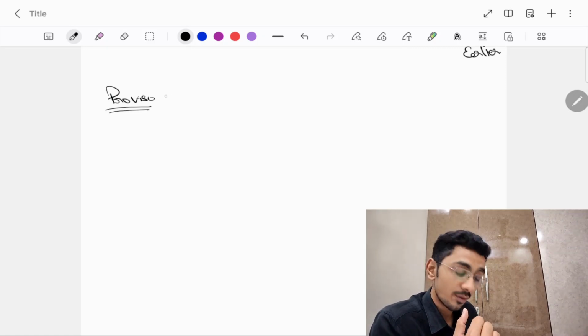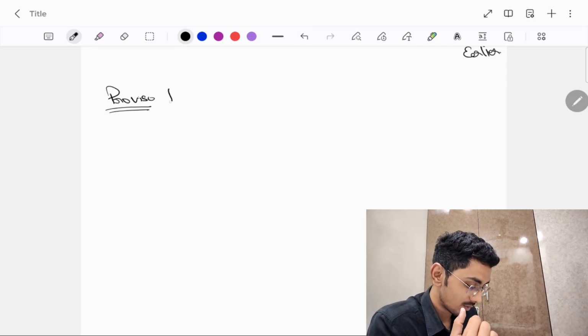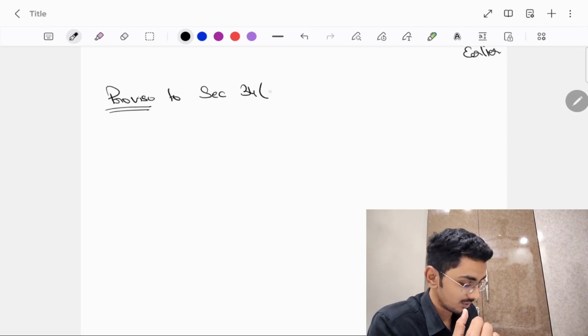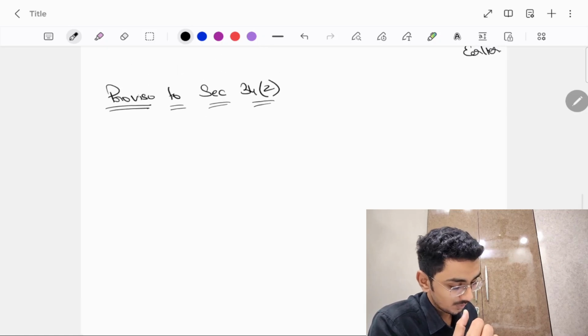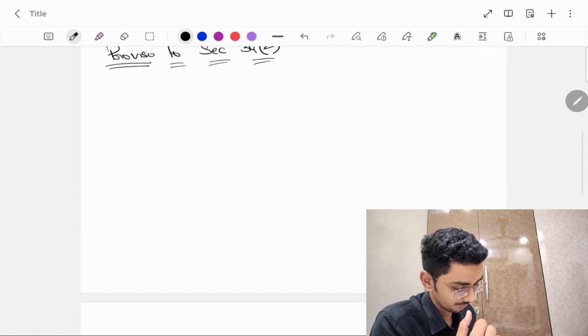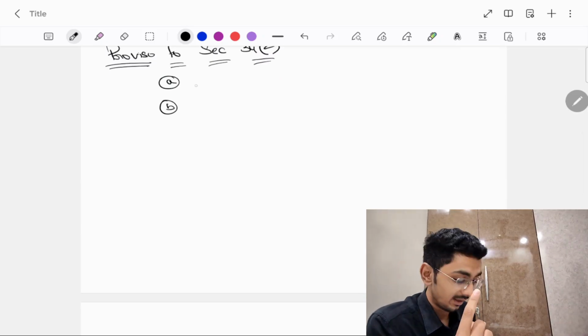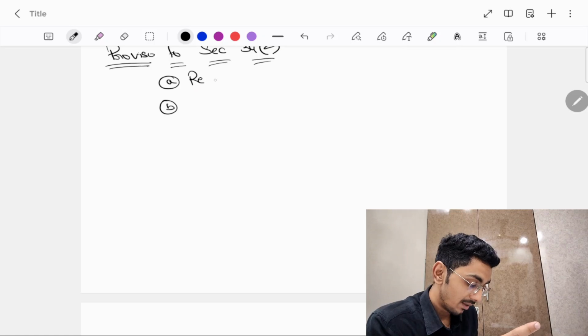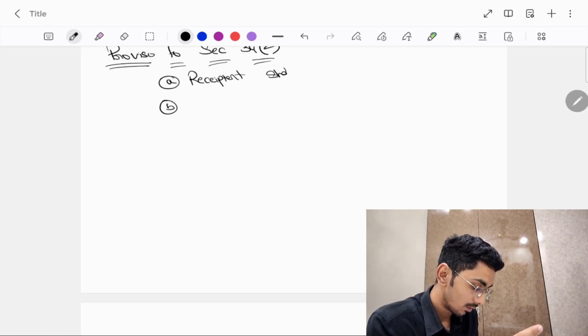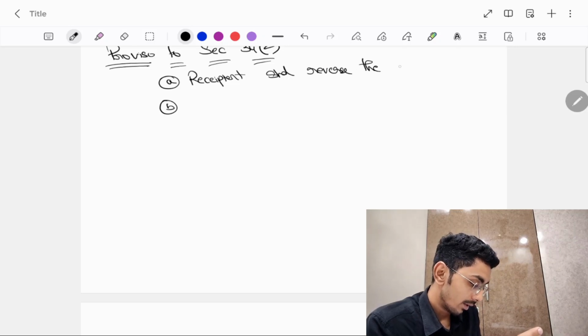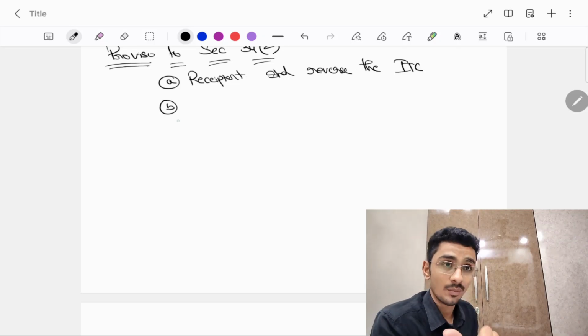The proviso to section 34 subsection 2 gives you two conditions, A and B. The first condition tells that the recipient should reverse the ITC component.